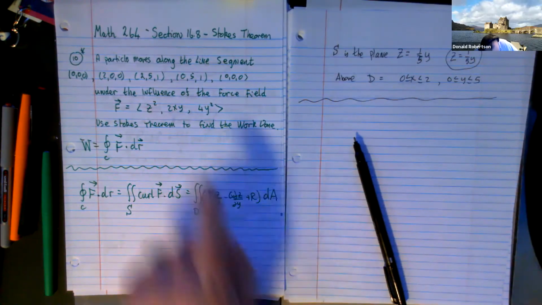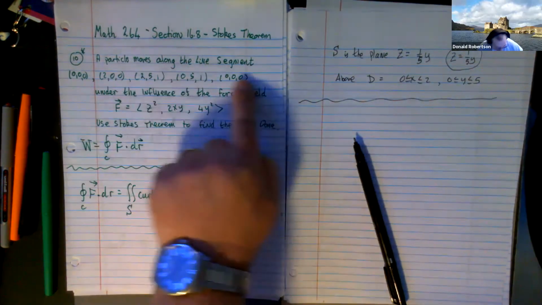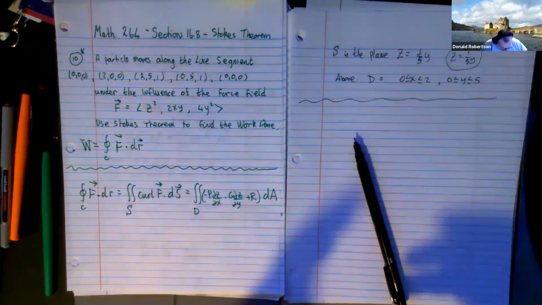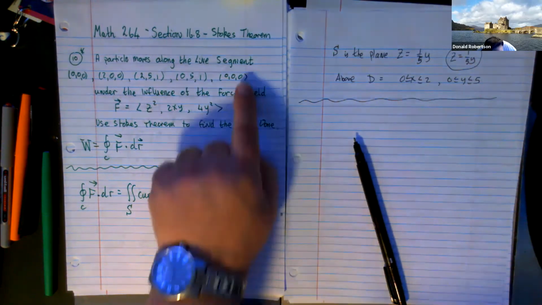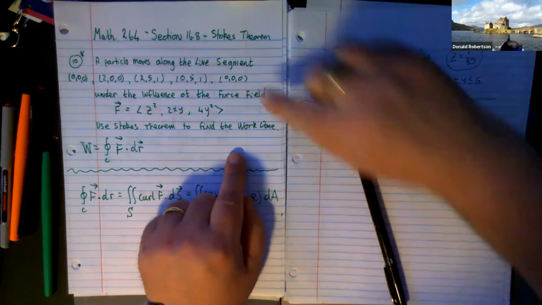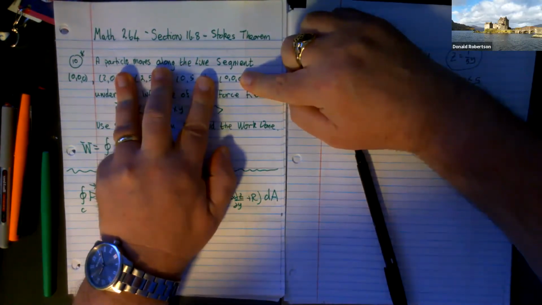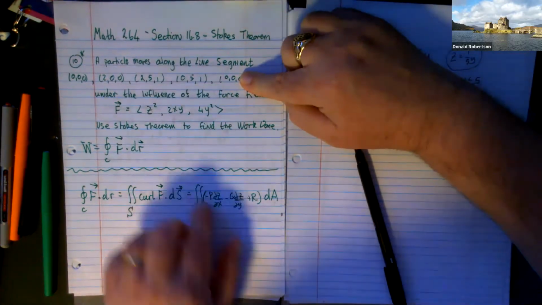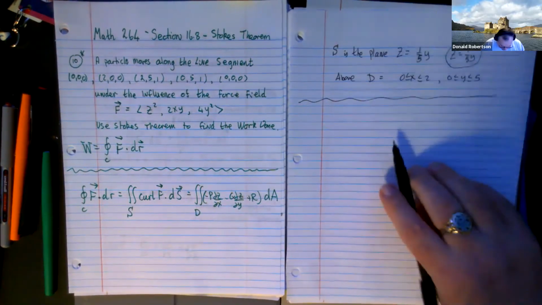So what does D look like? Well, if you take all of these points and then just drop them to the floor, essentially what you do is you make the Z values disappear. And what you'll notice is that the X's go from 0 to 2 and the Y's go from 0 to 4.